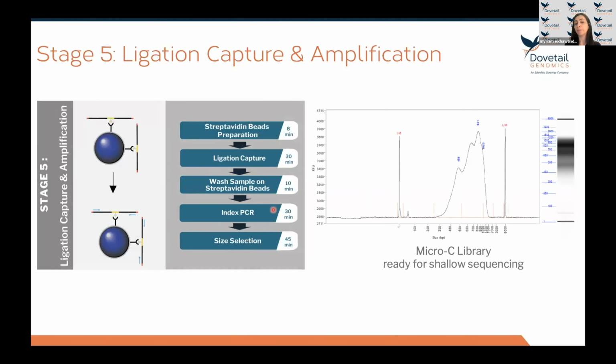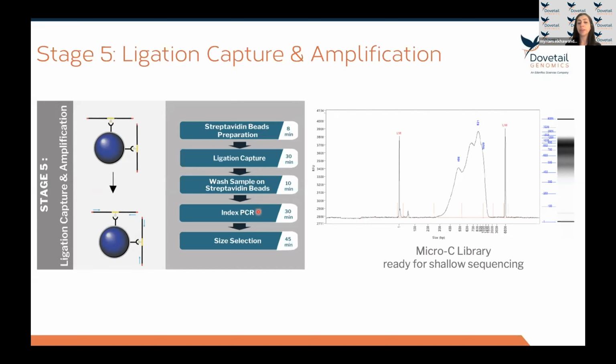Before the PCR amplification, we include a step of streptavidin bead pull down. So we're going to be pulling down and enriching specifically for the biotin-related proximity ligated DNA molecules. When these molecules, or the template DNA, are bound to the beads, we're going to set up the PCR amplification on the beads.